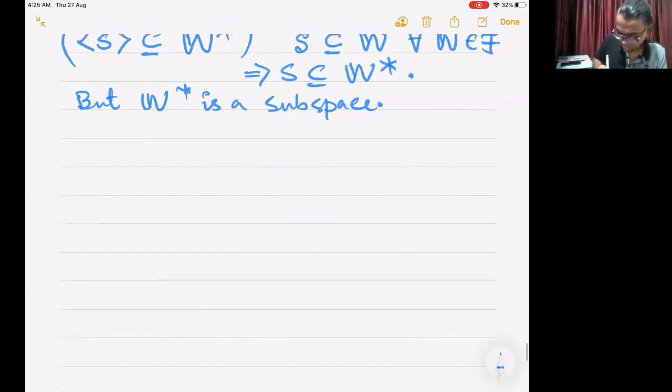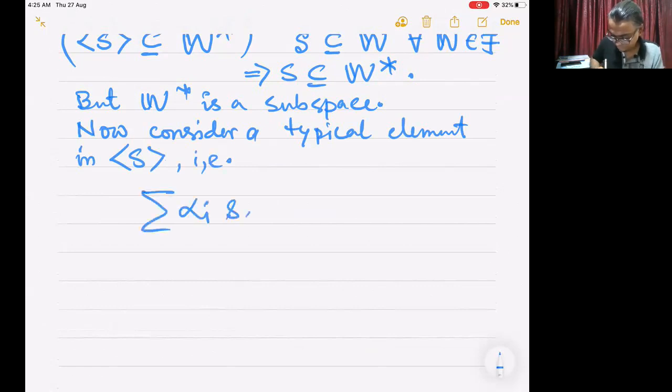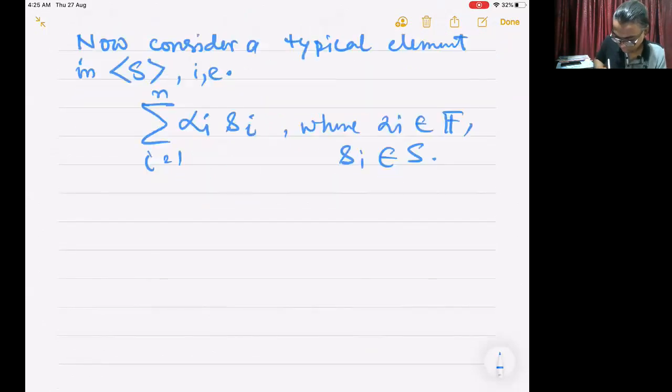So W star is a subspace. Now consider a typical element in span of S, that is, summation alpha I Si, I going from 1 to n, where alpha I is in F and Si is in S. Then all Si's are in W star, but W star is a subspace.